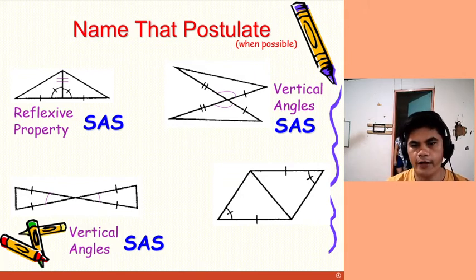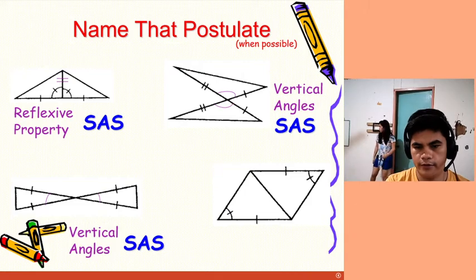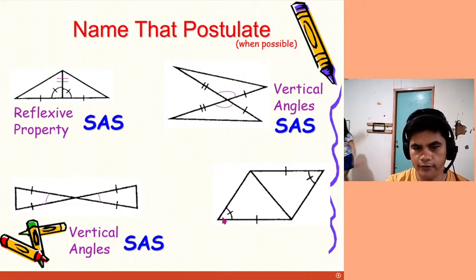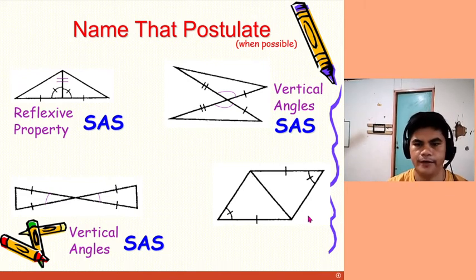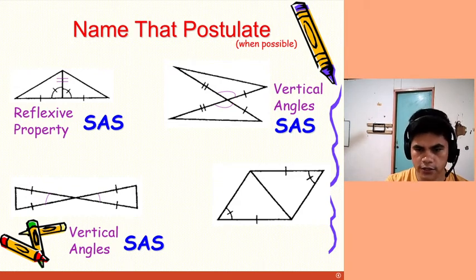Now, the next triangle here, we have a marked side paired with this, equal, and an angle paired with this angle. Now, what do you think? Are these two triangles equal? Since they have a common side, right?